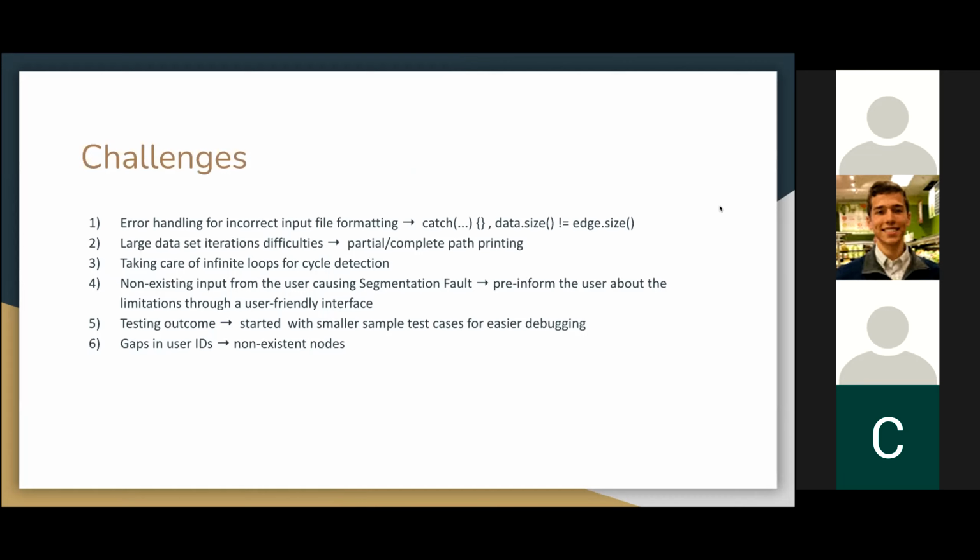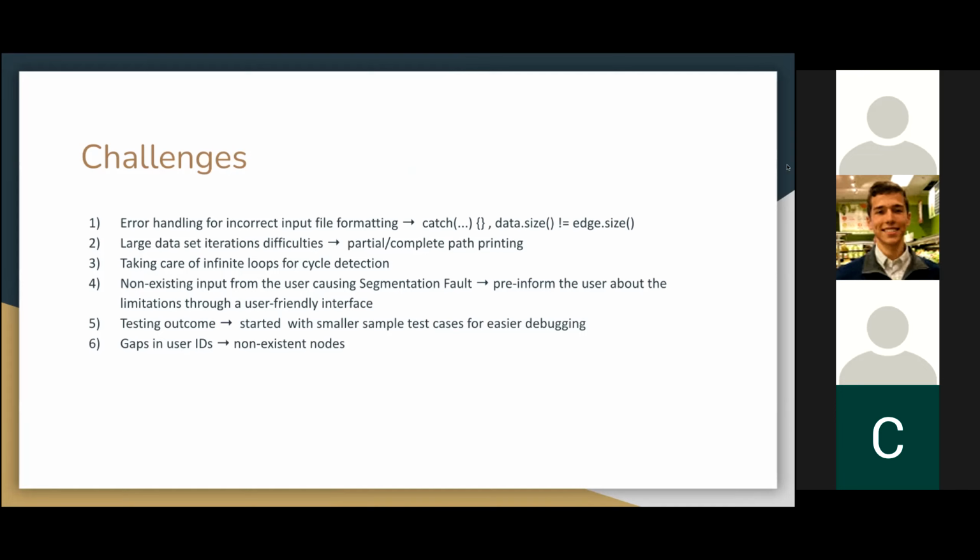For taking care of the infinite loops, we only included them as partial, and we mostly try to discard them. Non-existing input from the user was causing a segmentation fault, so we thought that we could give information to the user beforehand, and we did it by implementing a user-friendly interface in the main file. And for the testing part, we started off with smaller sample test cases, and this also let us debug in an easier way.